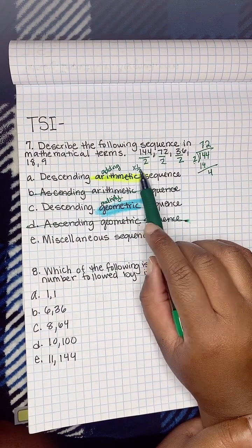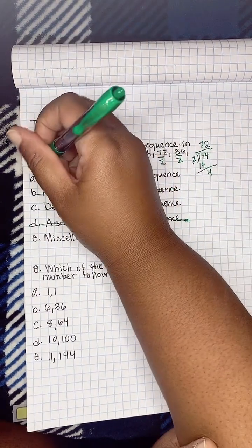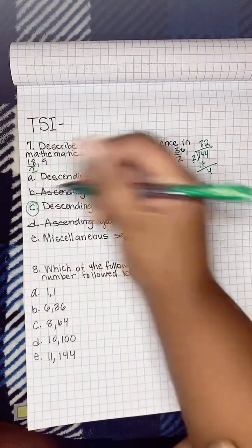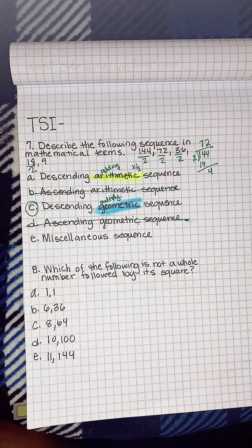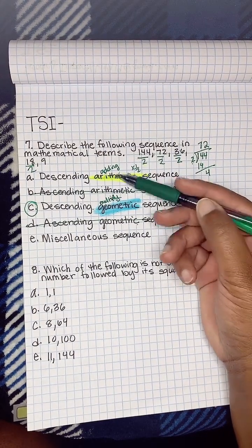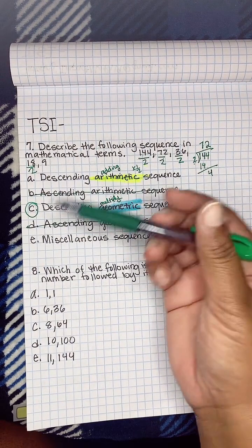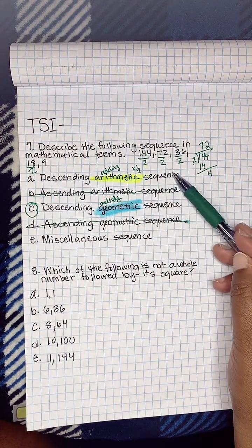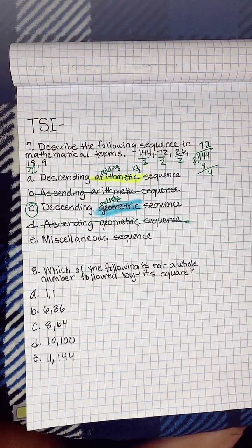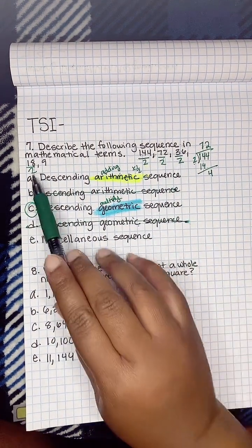So since we're multiplying or dividing by the same number, divide by 2, divide by 2, it's actually going to be C. Yes. And so these words really matter. If you don't know what this means in the operation, you could get the descending part if you know it's getting smaller, but that could throw you off your answer. So the answer is C, because we're multiplying by a half to each one of these.